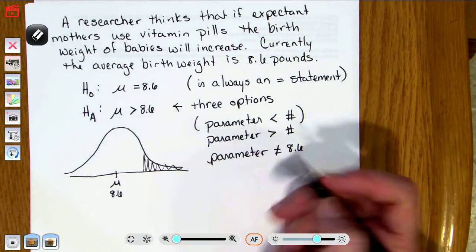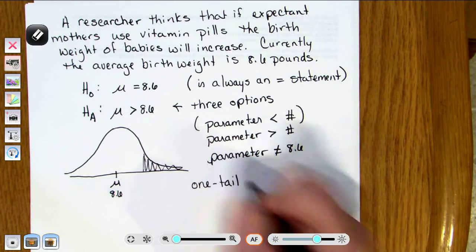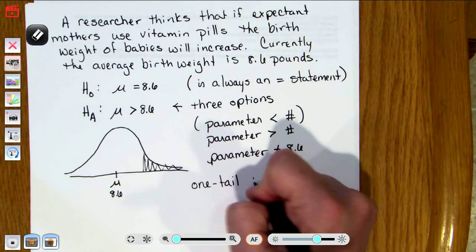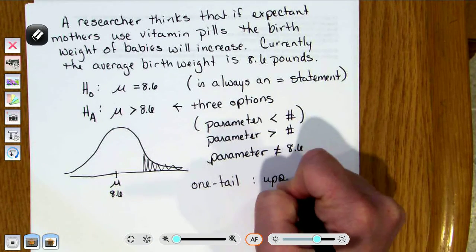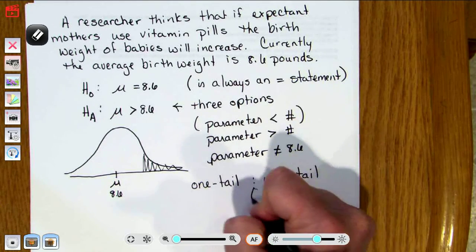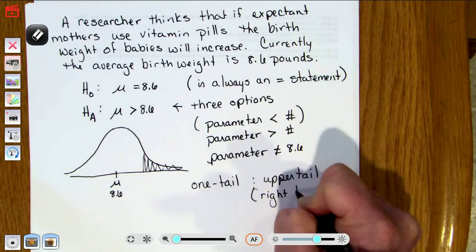When we're looking bigger, we think of this as being a one tail. And in this case, we will call this an upper tail, because we're looking in the upper direction. Other textbooks will refer to this as a right tail, because it's on the right side.